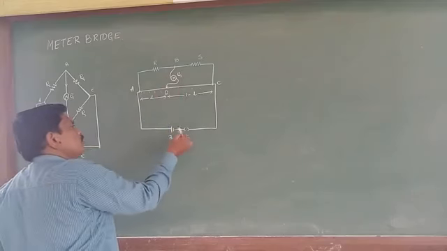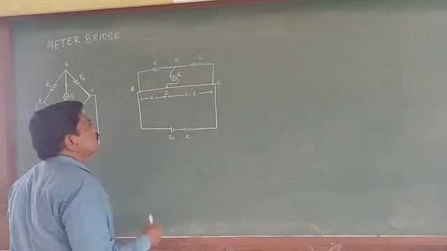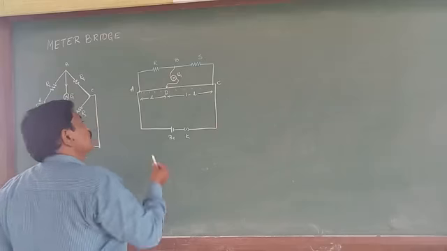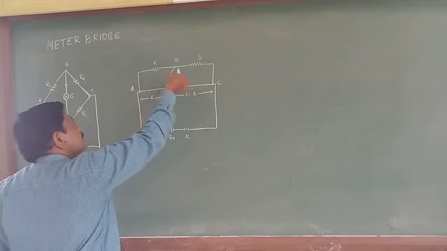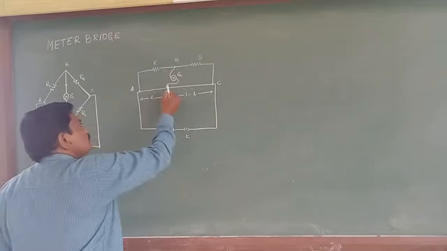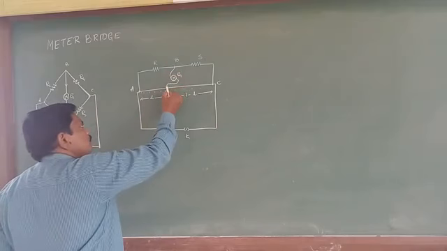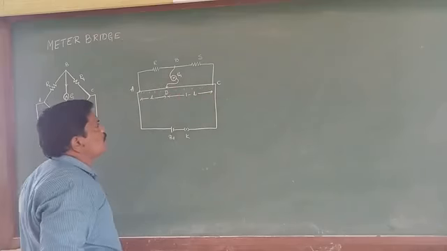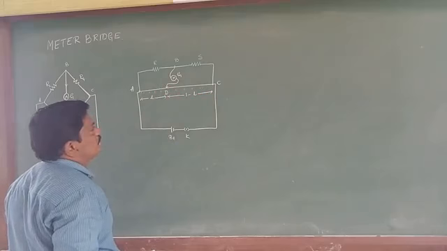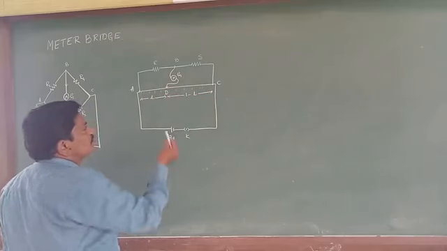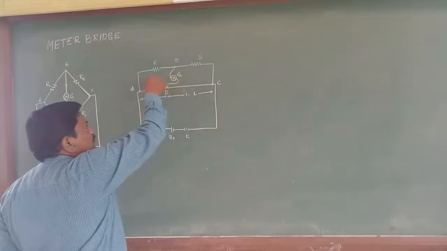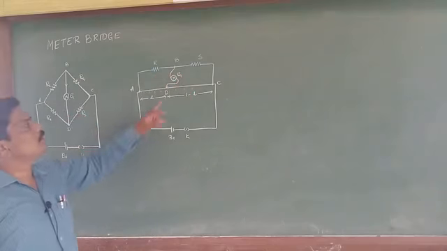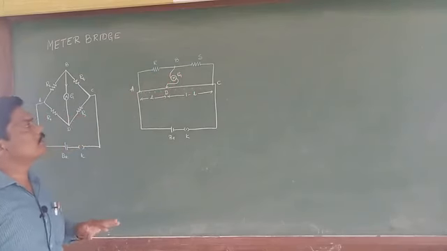Now, when the key K is closed, some current flows through the network and the galvanometer shows some deflection. If you touch one end of the galvanometer, called the jockey, to the wire, it will show some deflection, and you have to adjust the length in such a way that it shows zero reading, meaning null deflection.